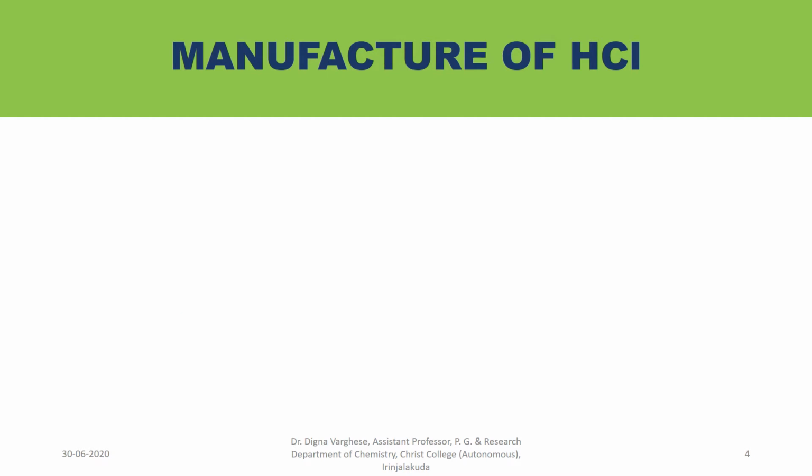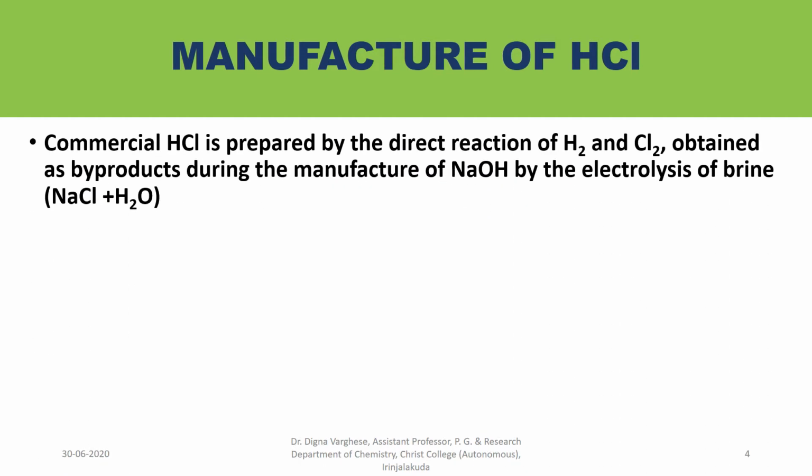Manufacture of hydrochloric acid. Commercial hydrogen chloride is prepared by the direct combination of hydrogen and chlorine that we have already seen, that is obtained as a byproduct during the manufacture of sodium hydroxide by the electrolysis of brine.